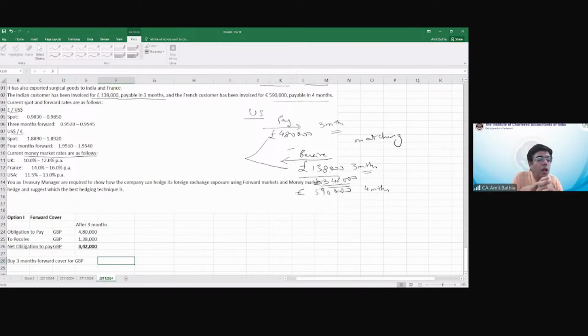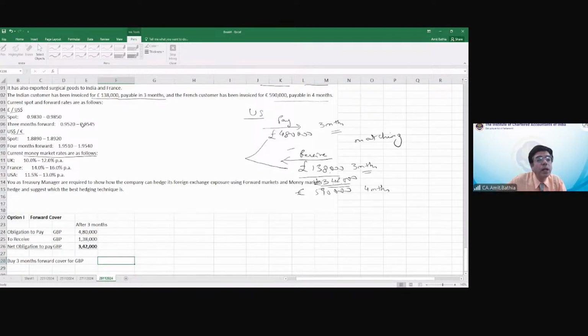So how much should I essentially be paying? Sir, I need to calculate in USD. How much USD do I need to pay? Multiply by 0.9545. At 0.9545?